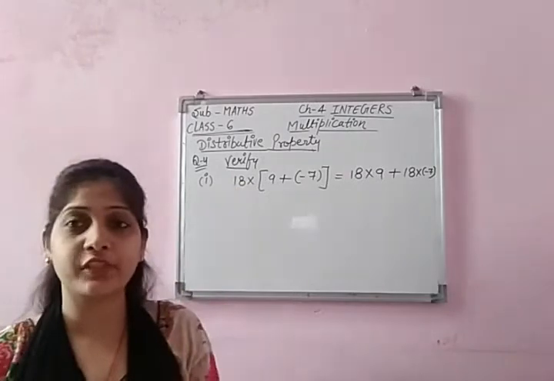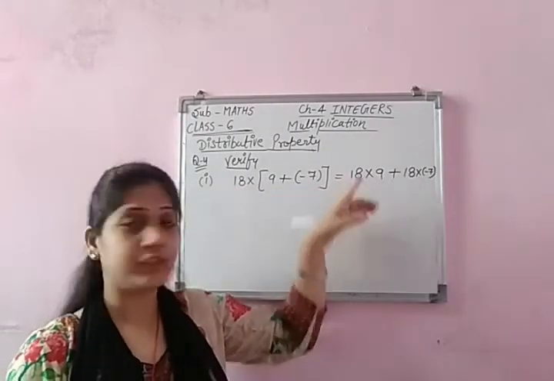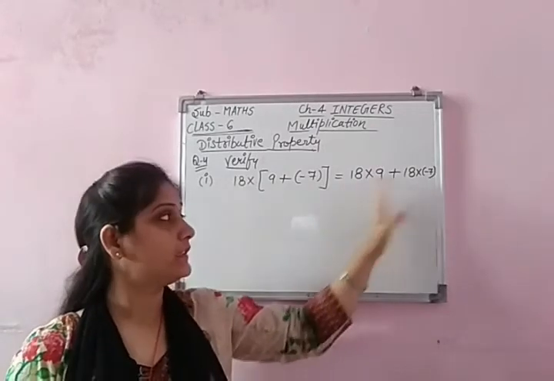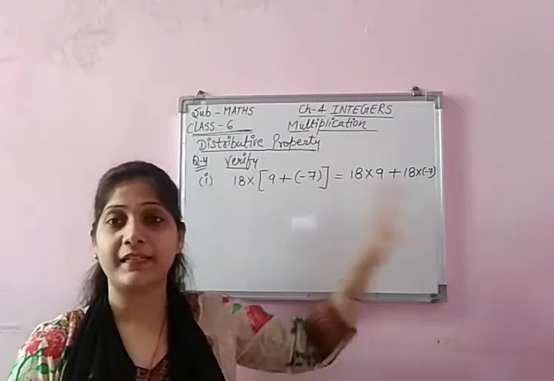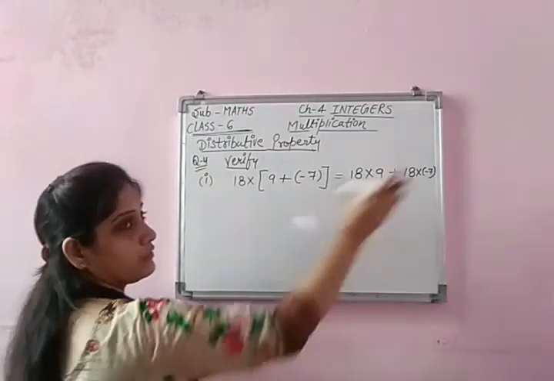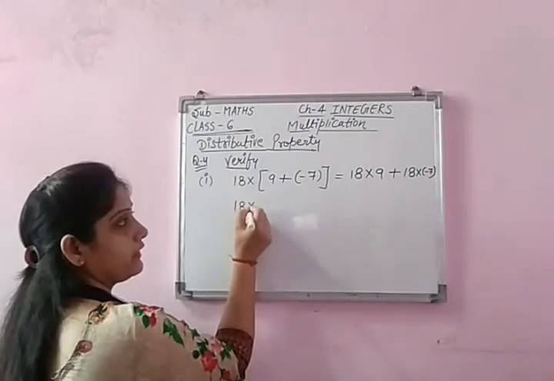Verify means you have to check that this LHS part, the part which is on this side of the equal sign, and the part which is on the right, both parts are equal. So let's solve both the parts together. First I am solving this. 18 will remain here only.